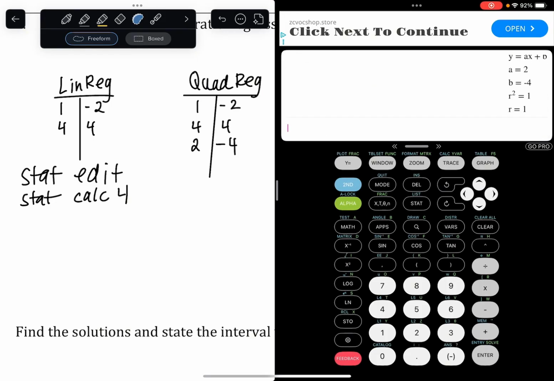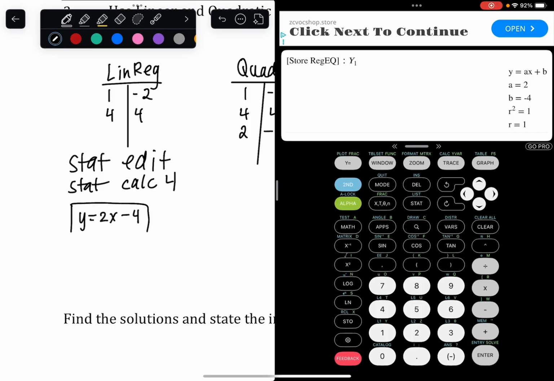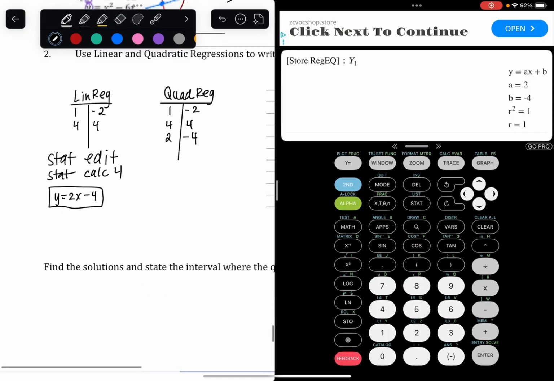Here they say A is 2. They're giving you y equals ax plus b, and A is 2 and B is -4. So y equals 2x minus 4 would be my equation.